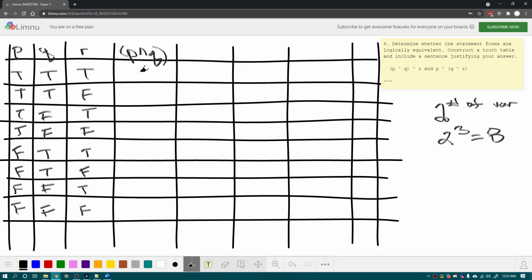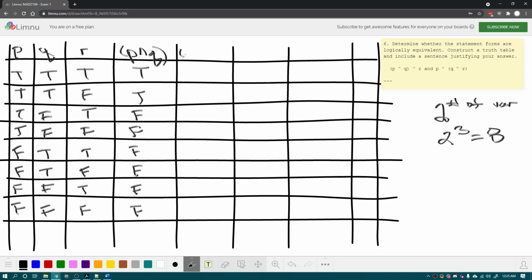So true and true is true, true and true is true, true and false is false, true and false is false, false and true is false, false and true is false, false and false is false, false and false is false.